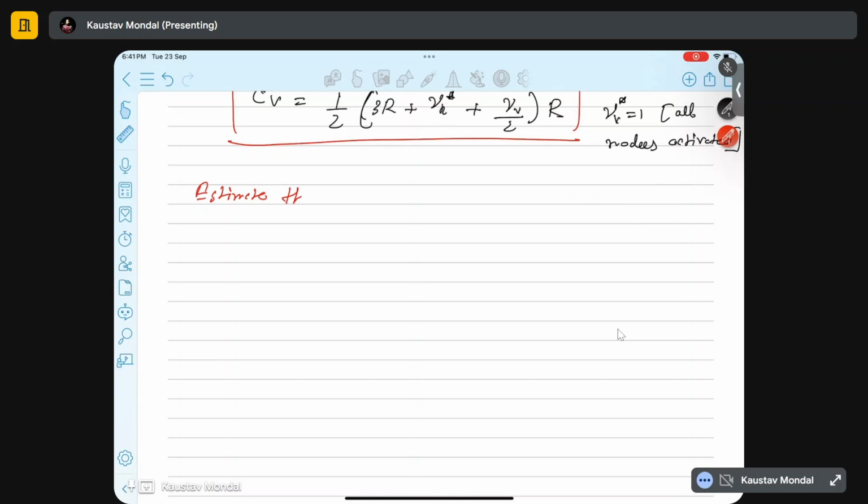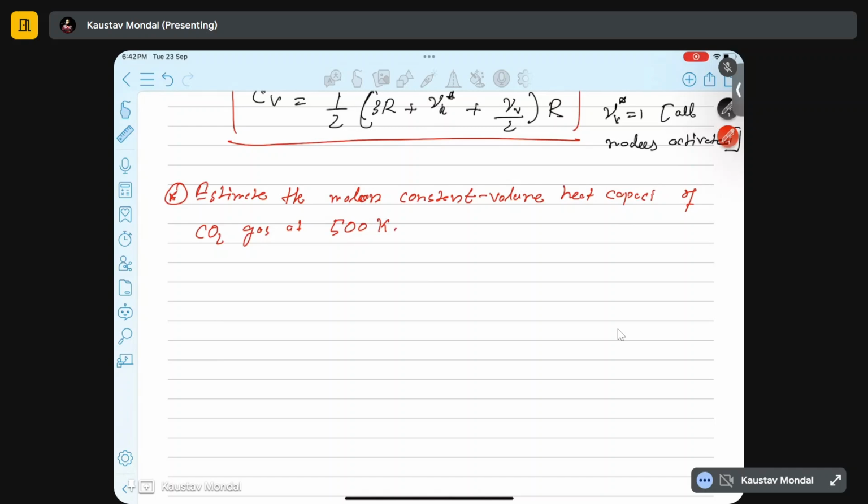Estimate the molar constant volume heat capacity of CO2 gas at 500 Kelvin.